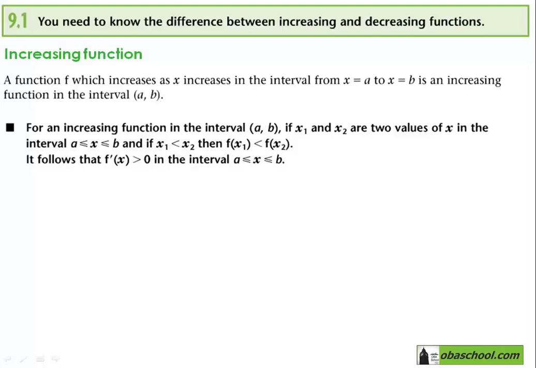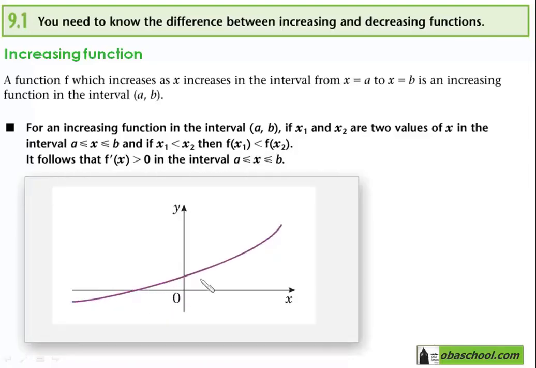What does this mean? Okay, look at the graph. It is an increasing function and we take 2 points, x1 and x2, with the condition that x1 is less than x2. So this is x1 and this is x2 and this is the function f. So we will write f here.